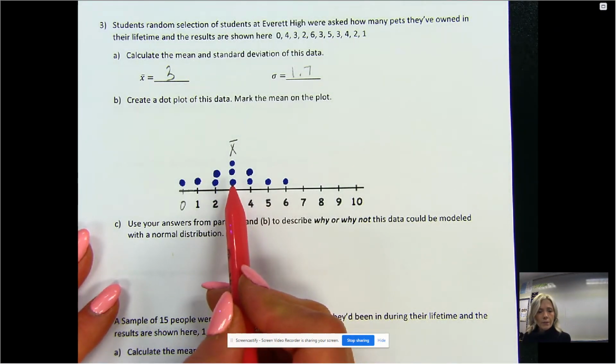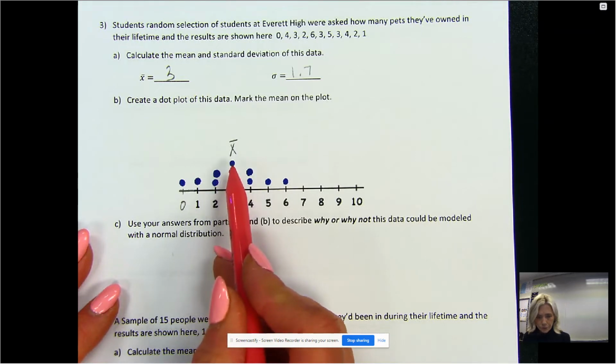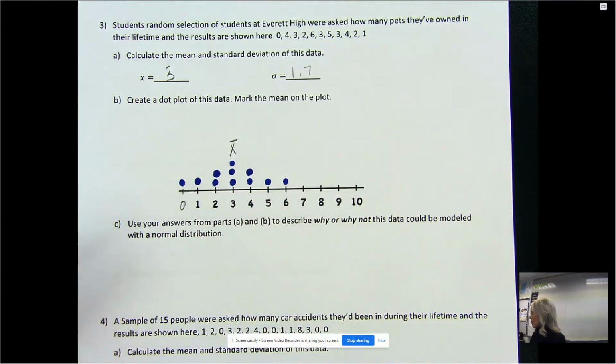It has one mode. So it's unimodal, meaning it has one big peak. And then if we think about it, one standard deviation would be 1.7.